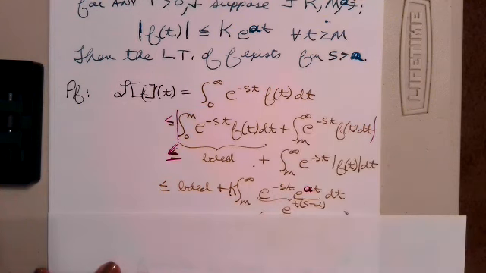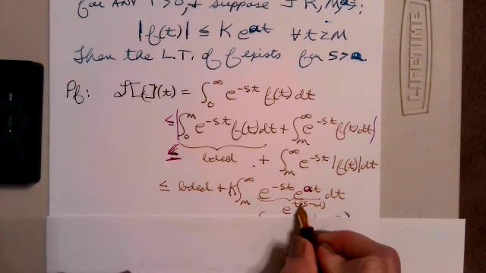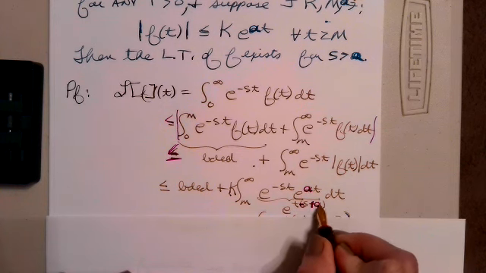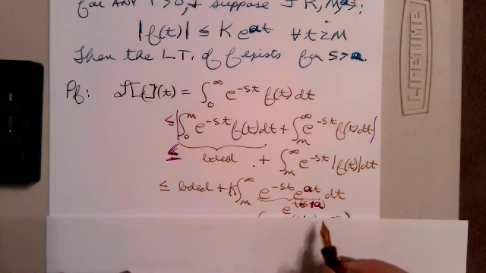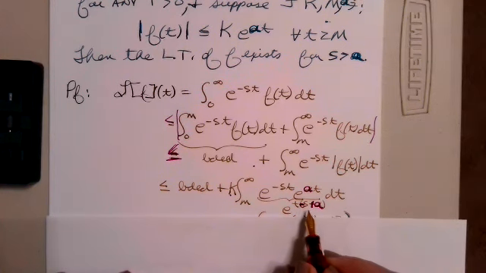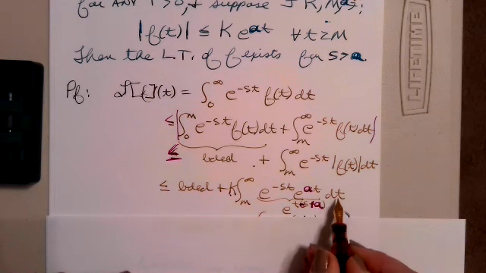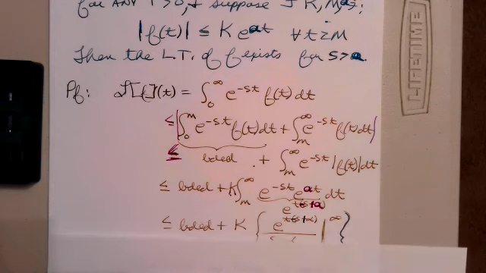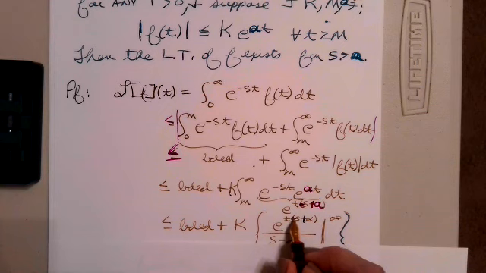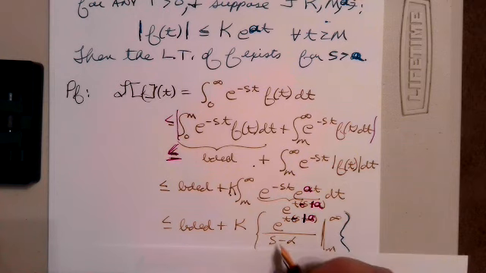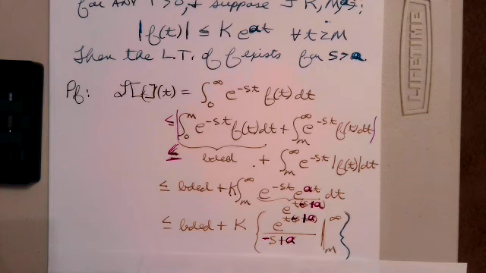In other words, t is bigger than M. And then notice that this is e to the minus s plus a, so that's e to the t times minus s plus a, dt. So when you integrate that, you get e to the t times minus s plus a, divided by minus s plus a, and that's evaluated from infinity to M.